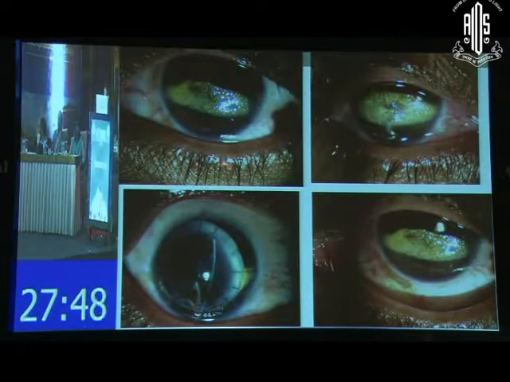Just going over these certain slides, it's there in the band-shaped pattern, though a resident showed this case to me as a BSK, but on closer evaluation you can see that these are the yellowish deposits. This was a 25-year-old lady, came with severe photophobia.